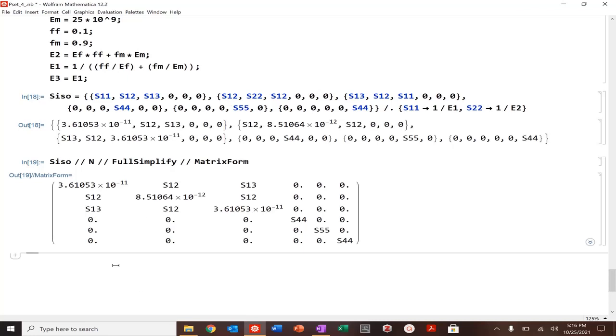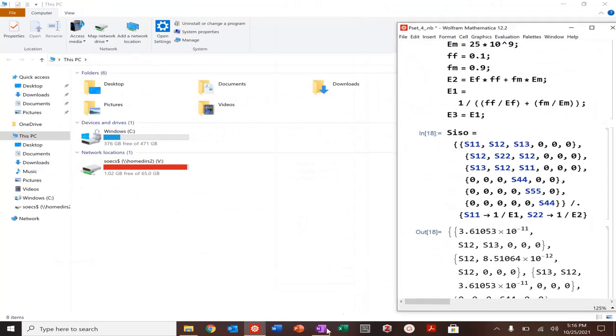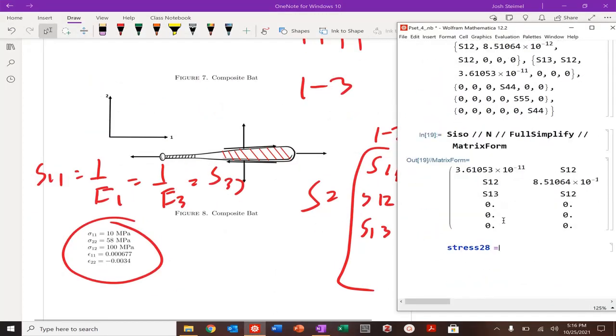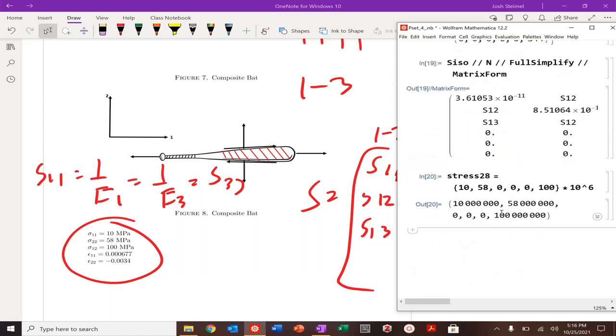And then I'm also given some values in the, so this is my stress 28. So let's go ahead and pull back here. My stress in the 28 is equal to 10, 58, 1, 2, and then 100, all times 10 to the 6. I could assume the rest of those values are 0.